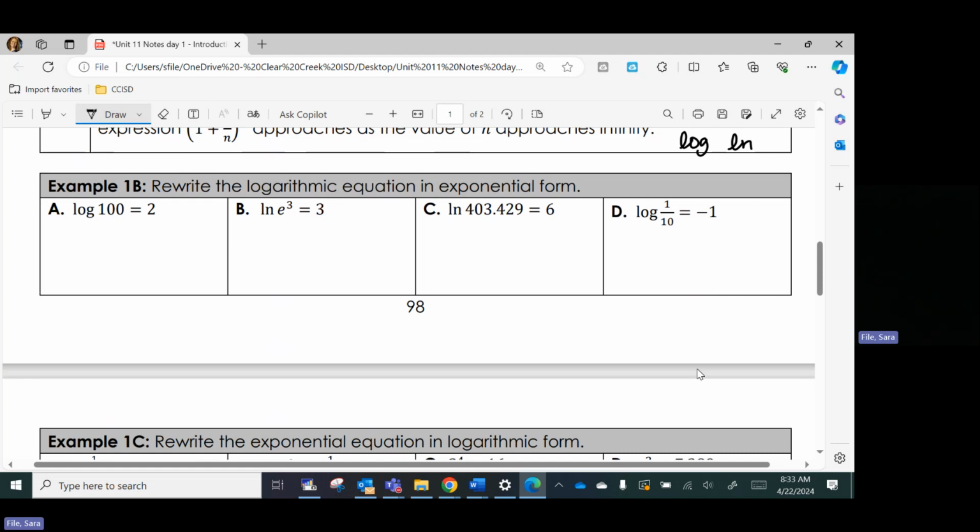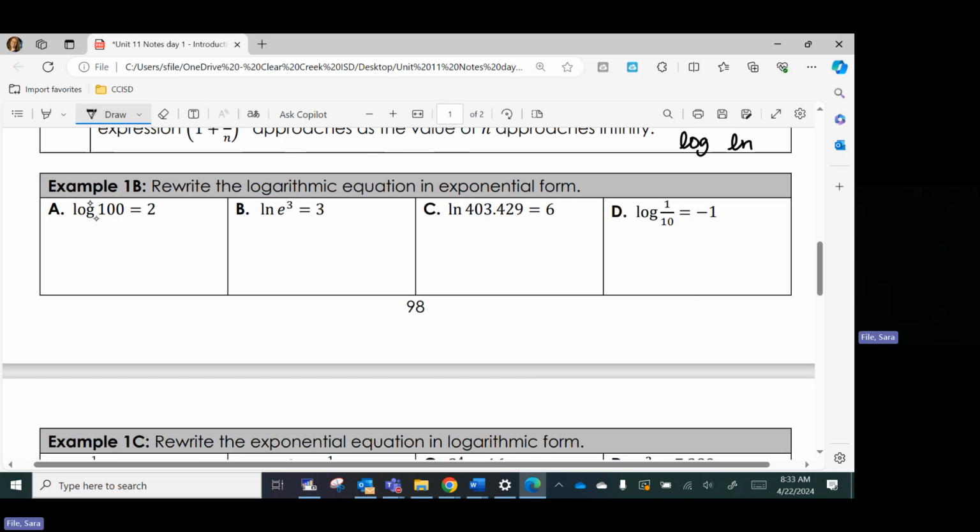All right, so we're going to do the same thing here as we did in the previous example, except now there are no bases written on these. So you have to understand that if there is no base written, it's either a base 10 or a base e, and it depends on if it's log or natural log. Okay, so I'm going to rewrite this first one.